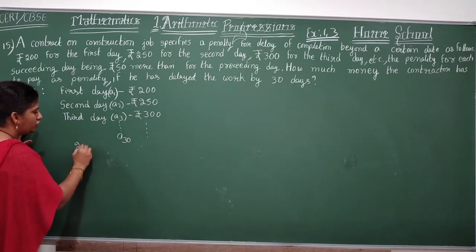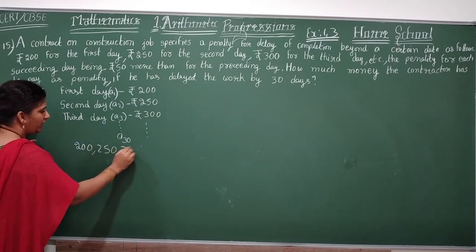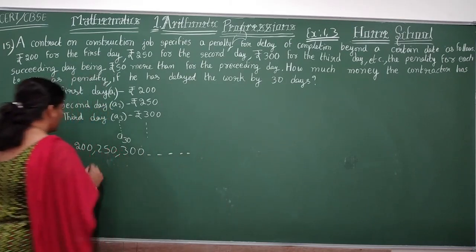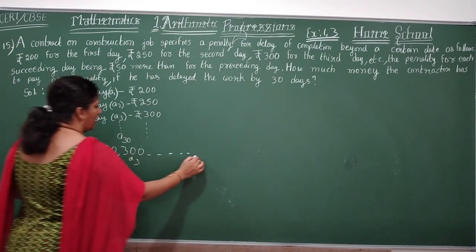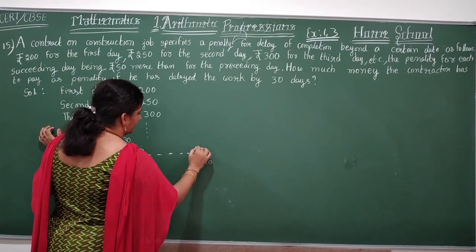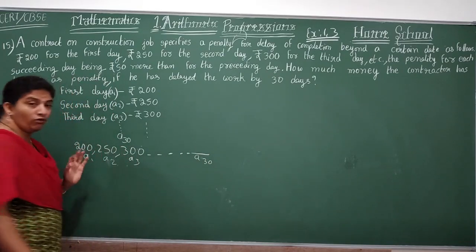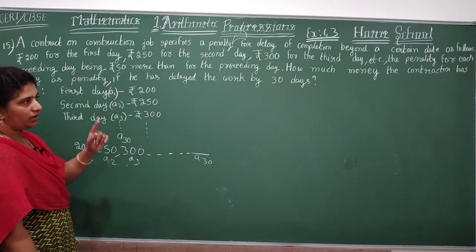In the same manner, 200, 250, 300, so on up to A30. We don't know the value of A30, how much amount we don't know.